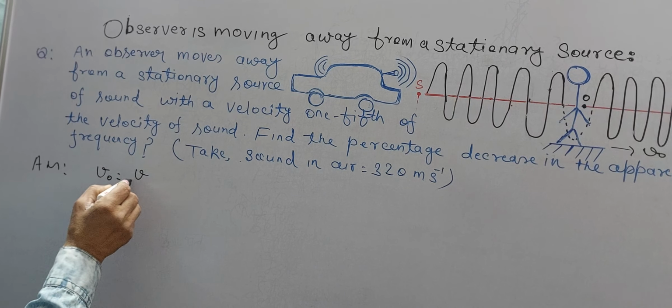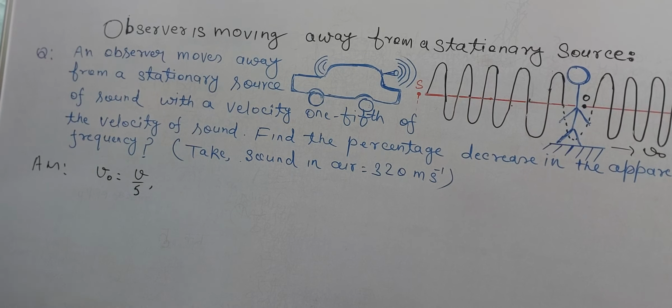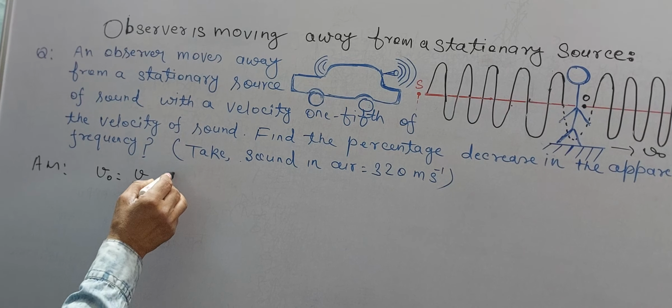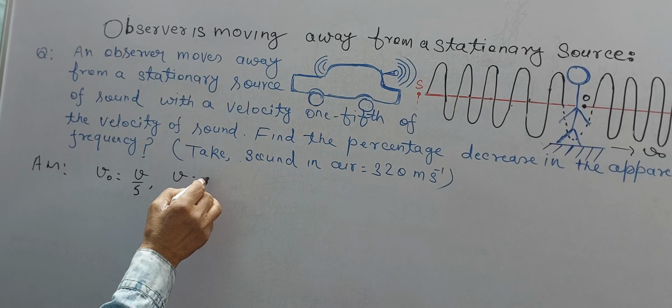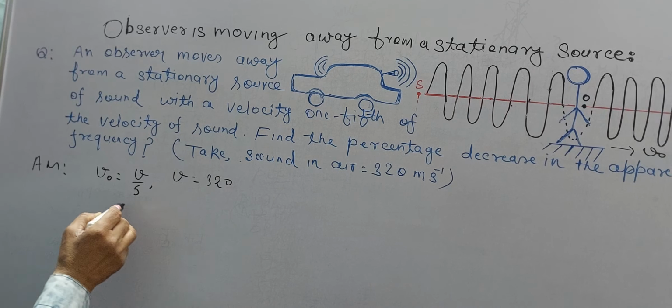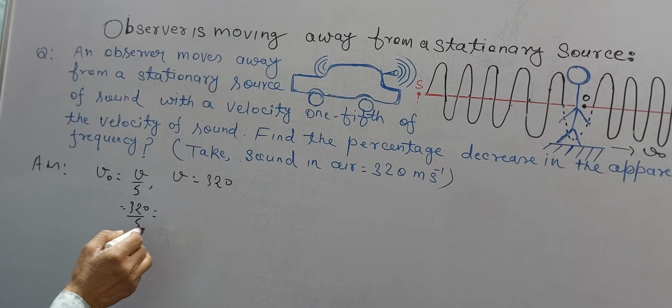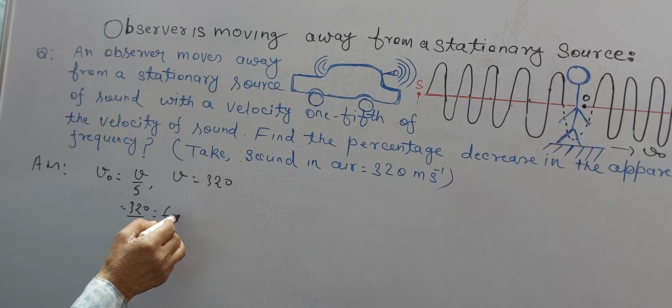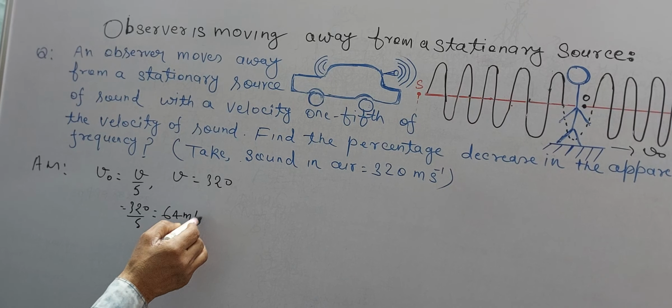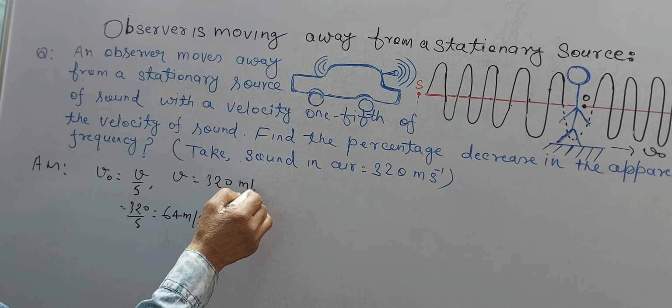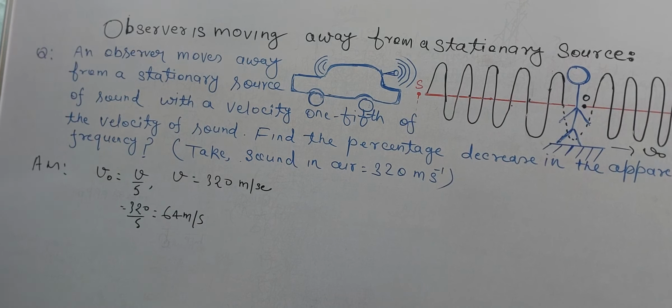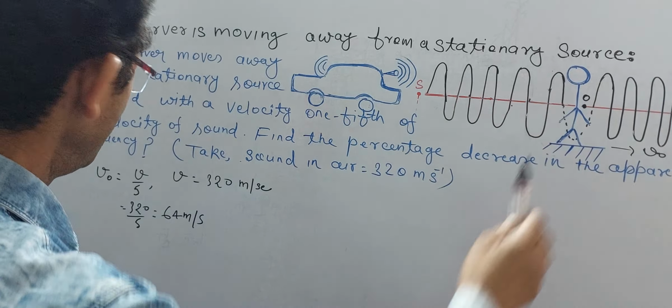It means it is v upon 5, and the velocity of sound v is equal to 320 meter per second. Now 320 divided by 5 comes out 64 meter per second. So this is the observer velocity, which is moving away.